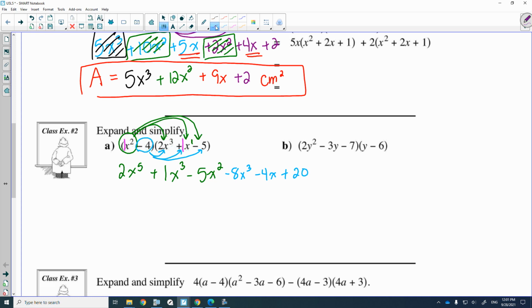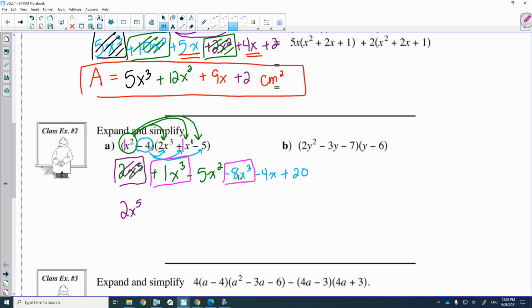Again, put your like terms together, write it in descending order of x. There's no other x to the 5s, so bring it down and cross it out. Let's do our cubes next. 1 minus 8. That's how you would type this in on your calculator. 1 minus 8.